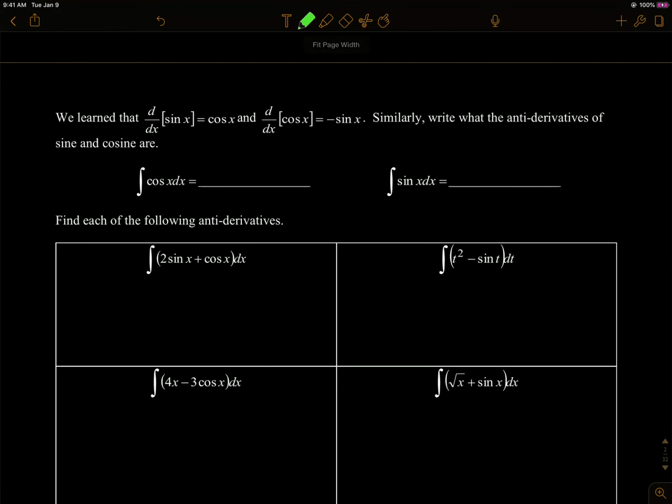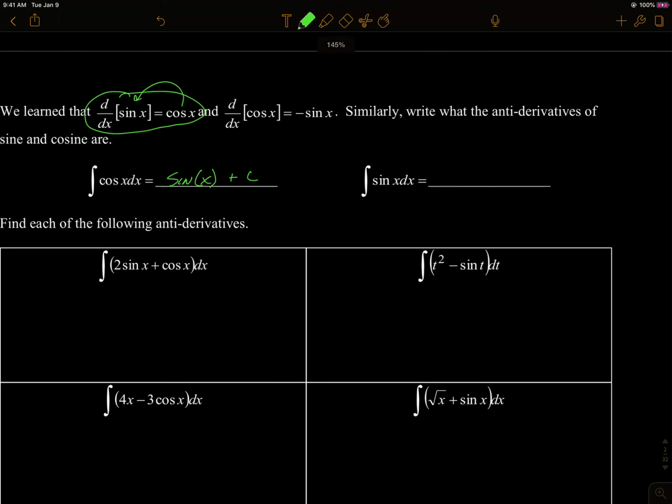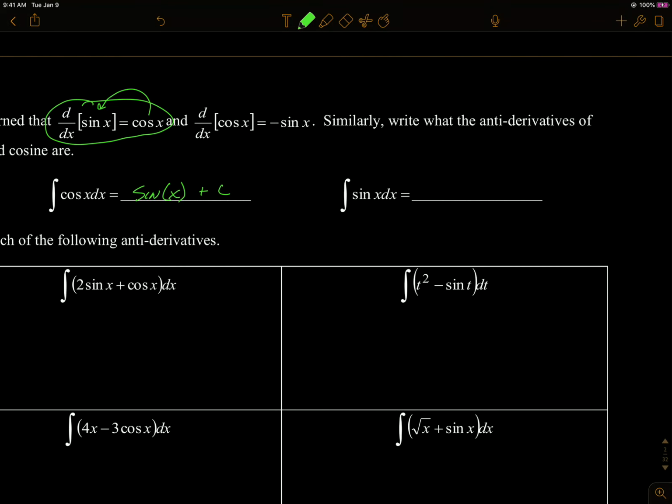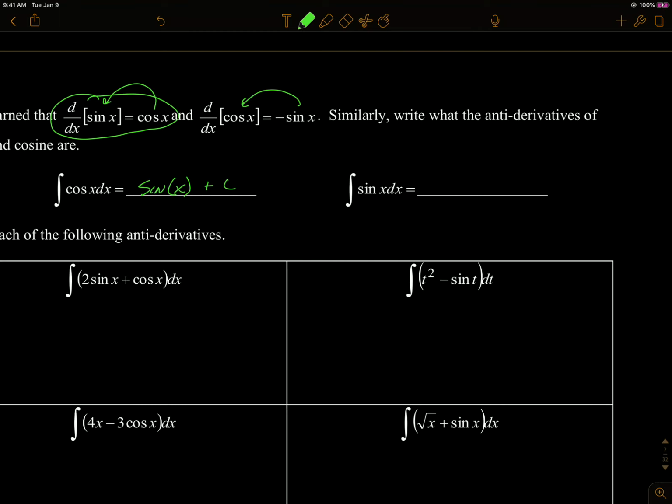Now we're going to look back at some other derivatives we knew. We knew this derivative, so now we know an integral. We know that going in the other direction, the integral of cosine of x is sine of x plus our constant of integration. And since we know the derivative of cosine is negative sine, we know the integral of negative sine is cosine, but we're going to just memorize the rule for what the integral of sine is.